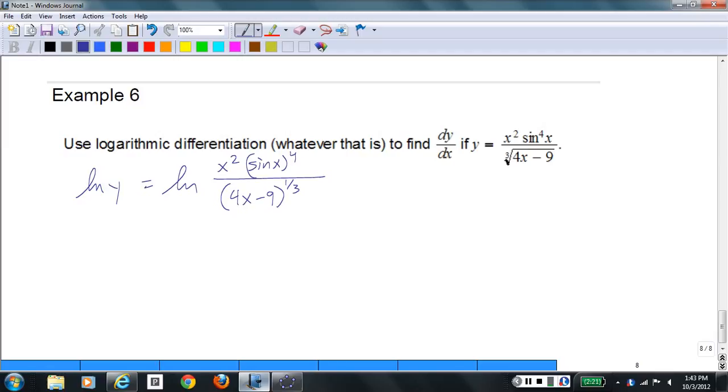Expand that logarithm just as much as the properties of logarithms will allow you to expand it. So on the left, we just copy and paste. On the right, the log of a quotient equals the difference of the logs. So log of the numerator minus the log of the denominator.